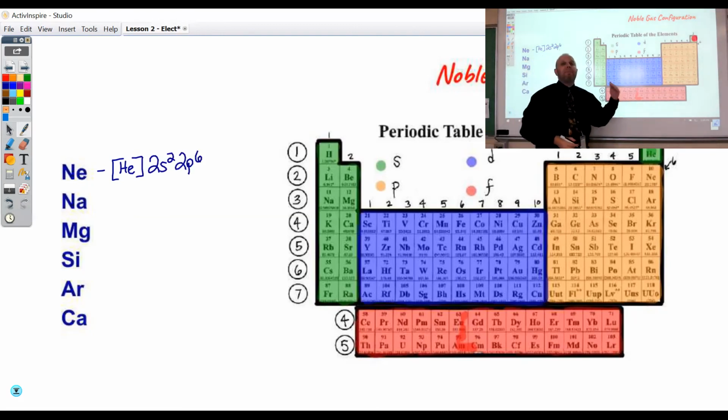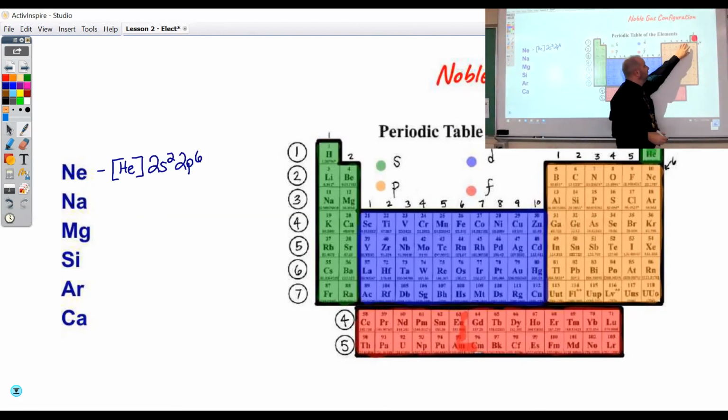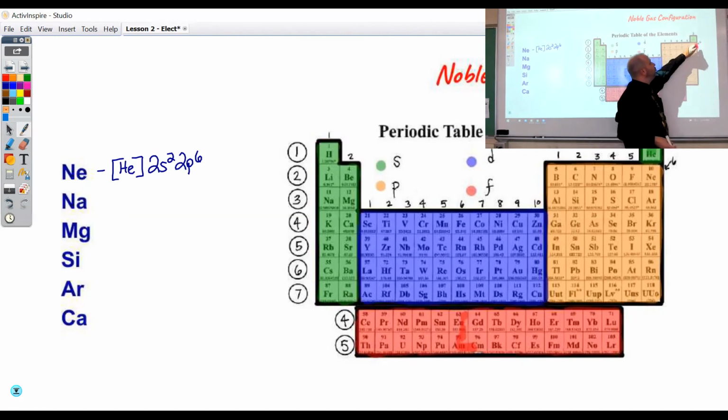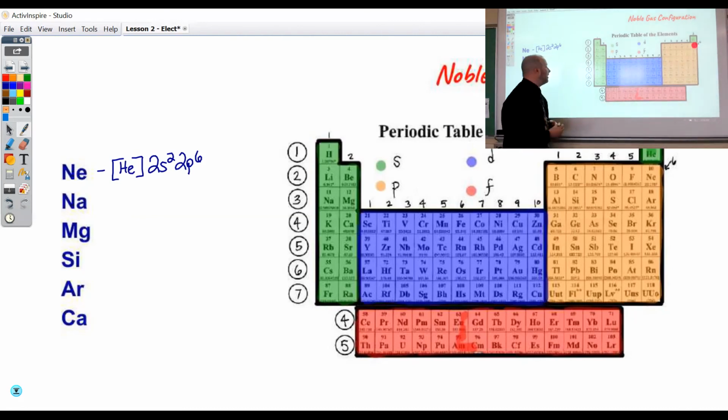However, once I get past neon and I move to sodium, which is element number 11, now I can jump ahead to neon and work from there. So for sodium, I'm going to put neon in the square brackets and continue with 3s1.